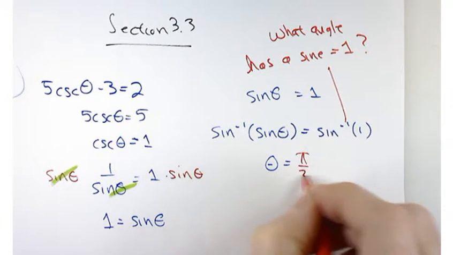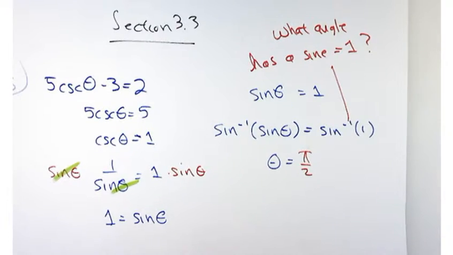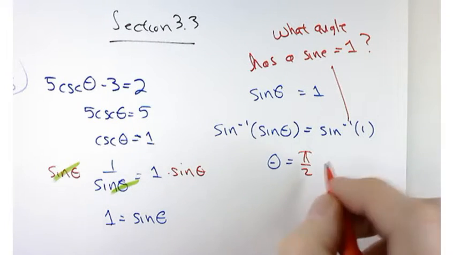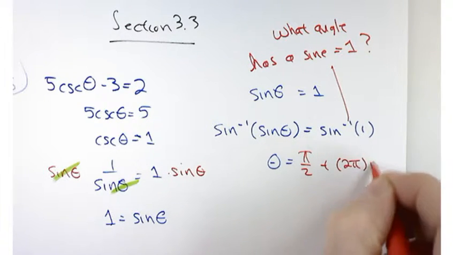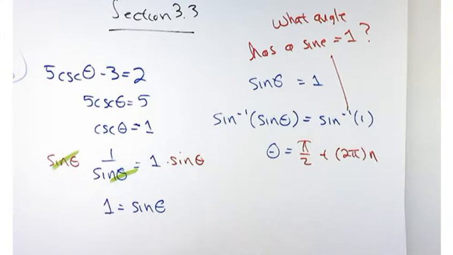Pi over 2. Great. It actually goes a little bit beyond that too, because sine is periodic with period equal to 2 pi. So every 2 pi, it repeats itself. So I can put 2 pi times n, where n is an integer.